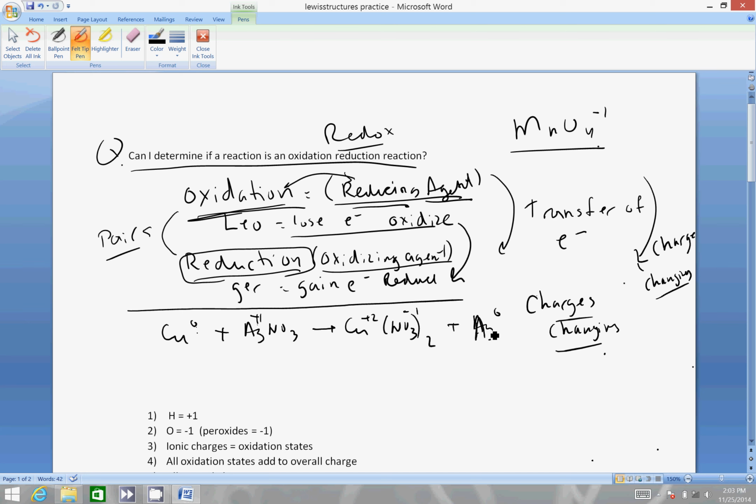We call these underlying charges oxidation states.